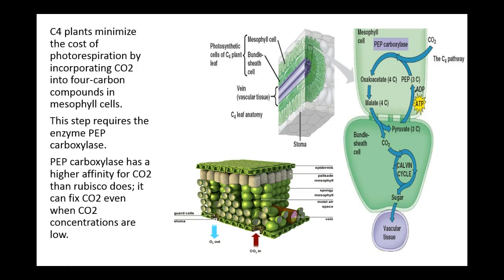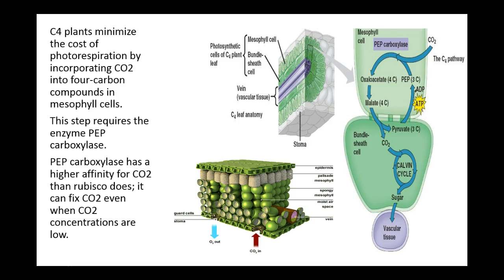C4 plants adapt and minimize this, and the C4 is because of the fixed carbon product. They minimize this by incorporating CO2 into a 4-carbon compound in the mesophyll cells. We're seeing this here.